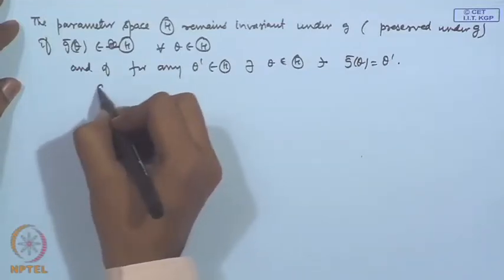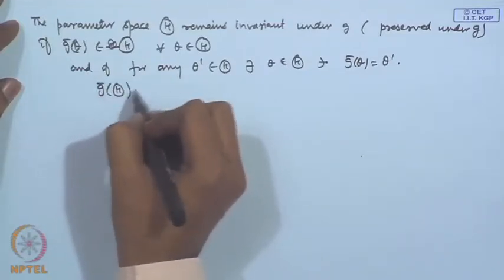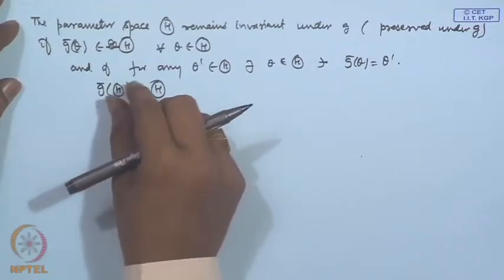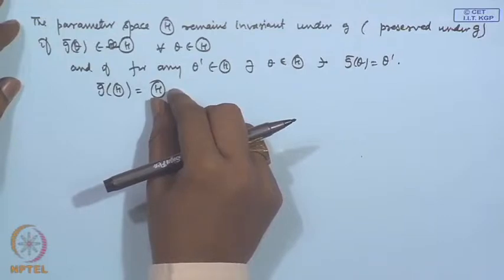So, we can say that G bar theta is actually equal to theta. That means, application of this transformation leaves the parameter space invariant.